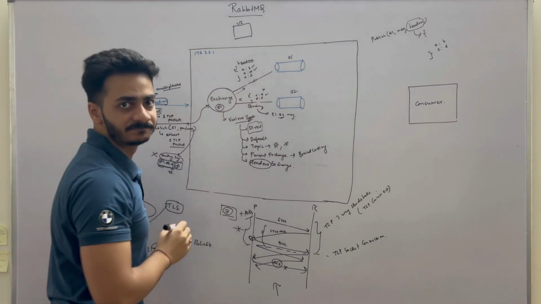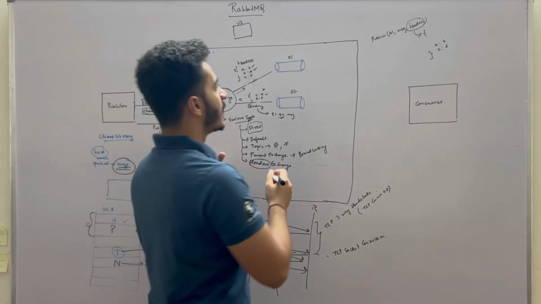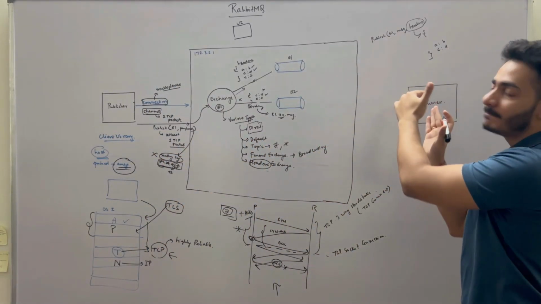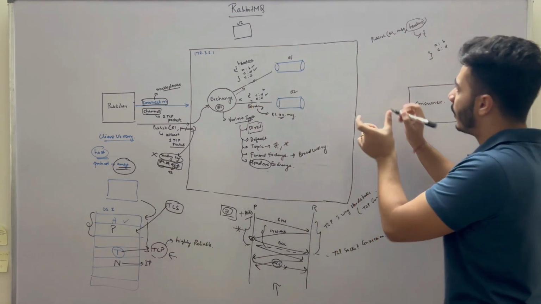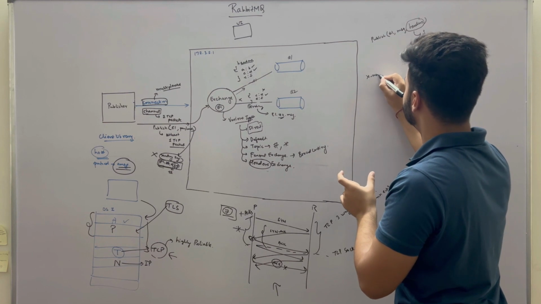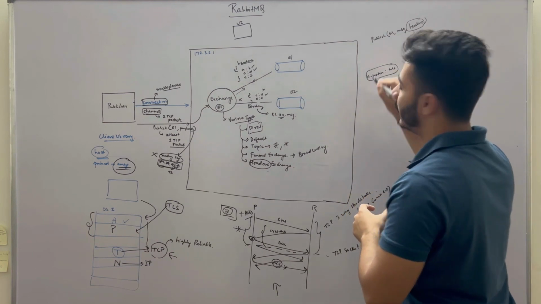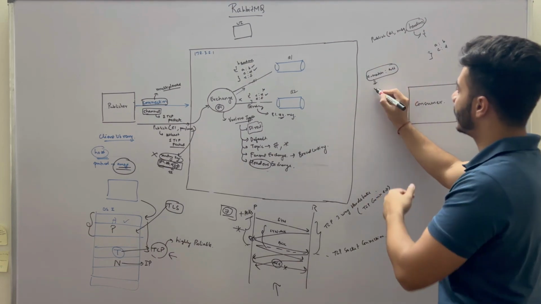Since by default in headers exchange, it is configured in such a way that all the headers that are specified in the publish method should match with the binding. So there is a property here that is called as x-match, and by default its value is all. But there are ways you can modify this x-match value and you can change this to any.